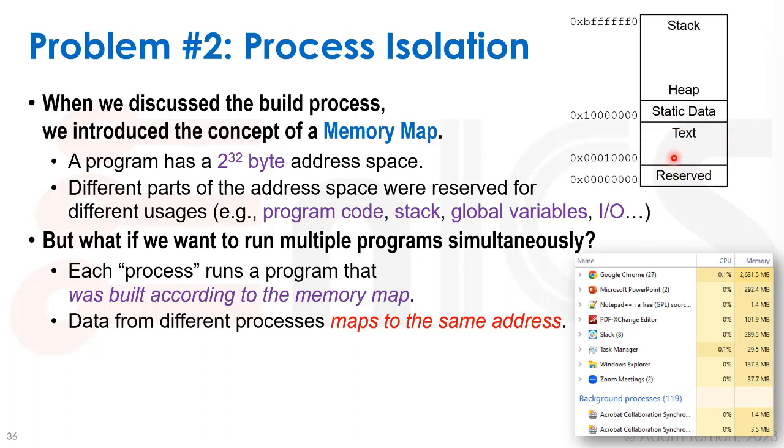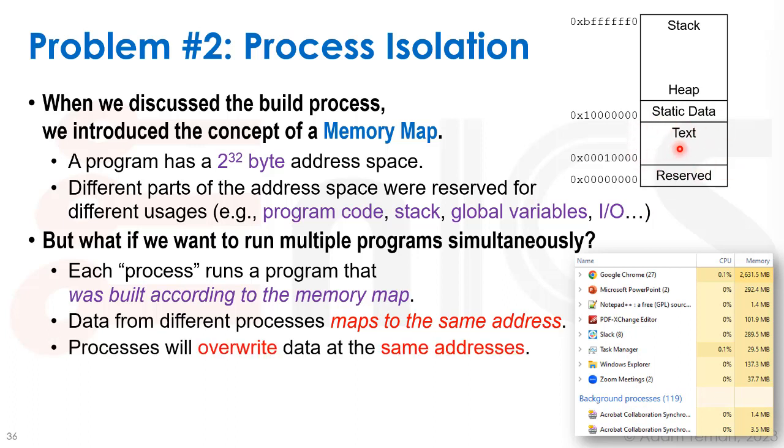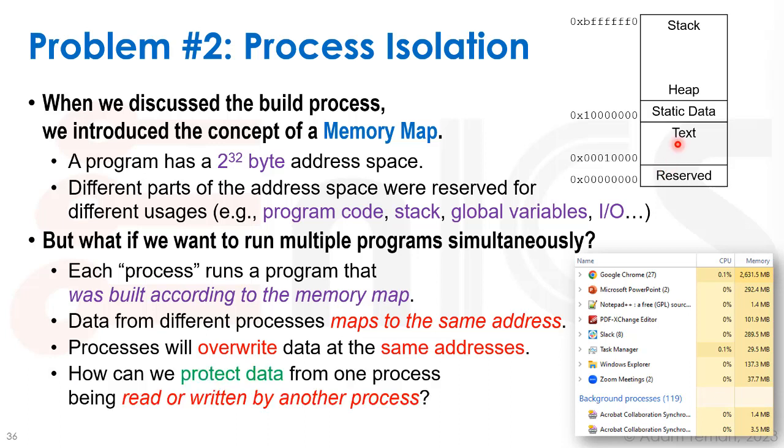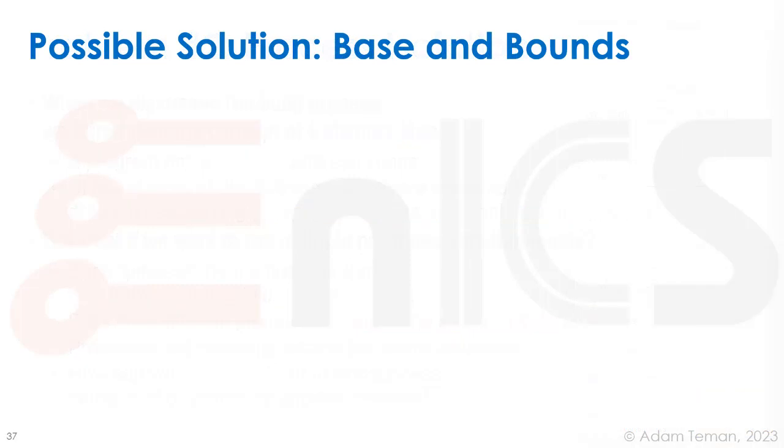The program part of each of these different processes is going to map to this memory space that is called text. So that means that processes are going to overwrite data at the same addresses. And also, different data may be read or written to by another process that isn't supposed to be accessing it. So this is a big problem.